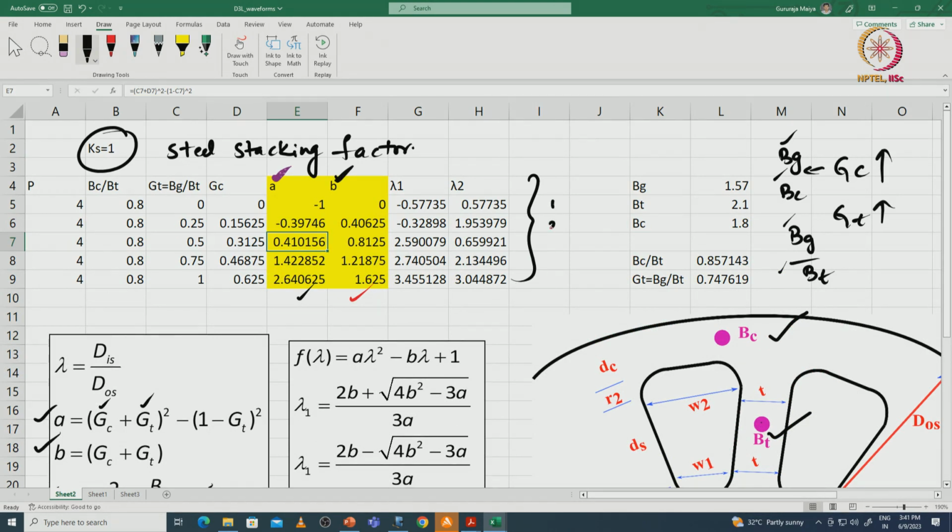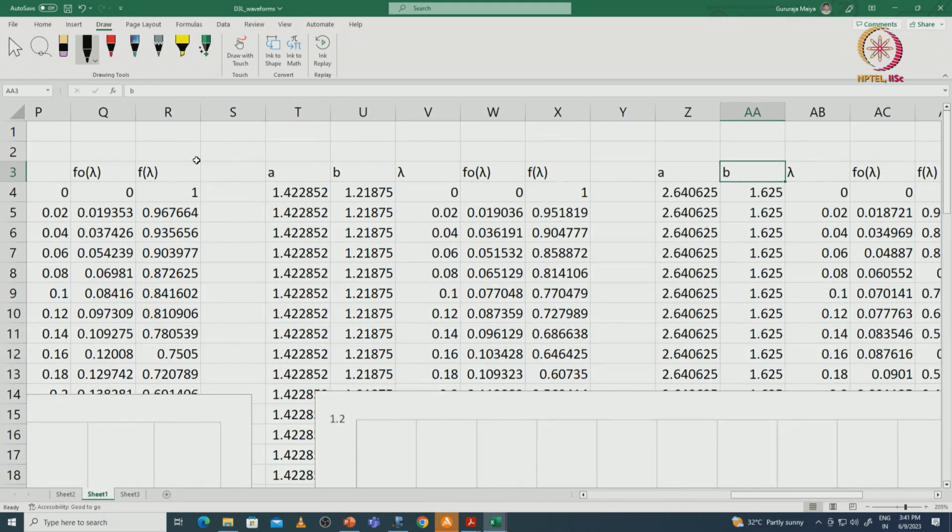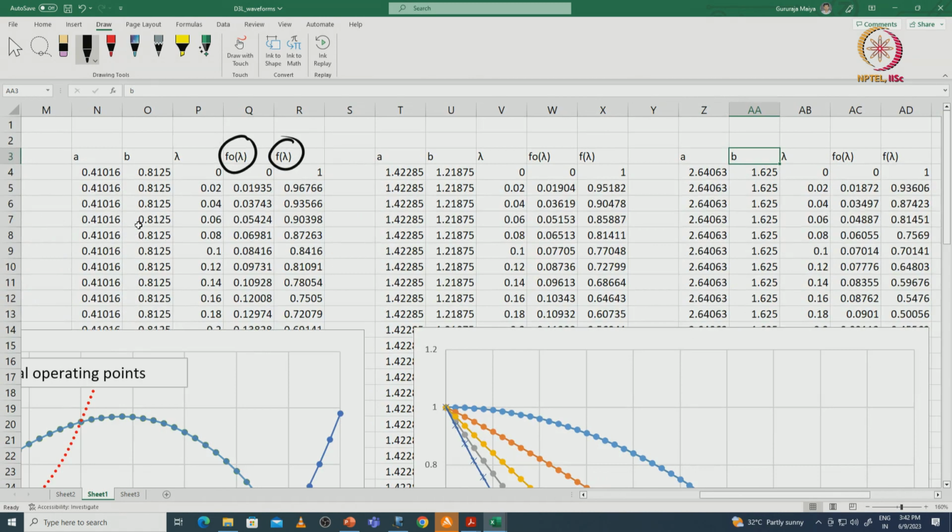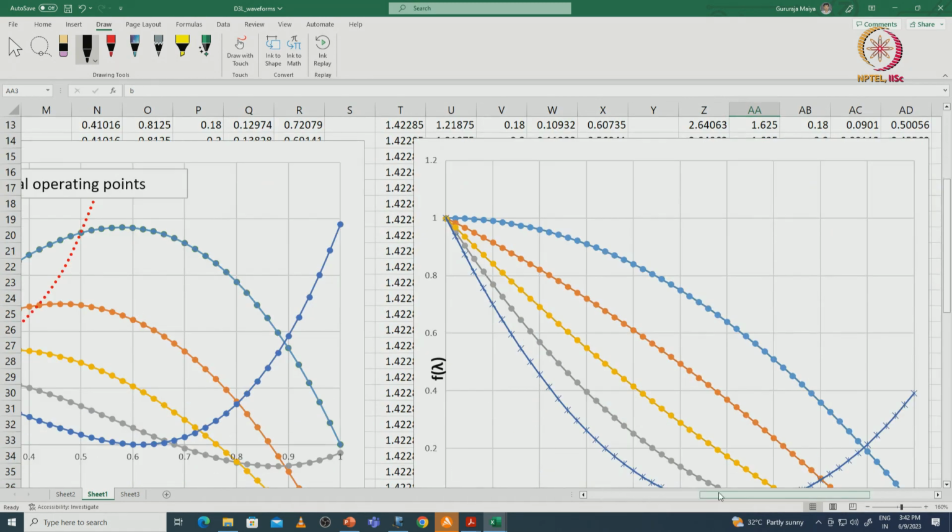This is set 1, 2, 3, 4 and 5. 5 sets I have considered with different A and B values. The same values I am substituting here and I am estimating the output function and copper function. Okay. If I plot the waveforms f of lambda as well as f naught of lambda with respect to the lambda.